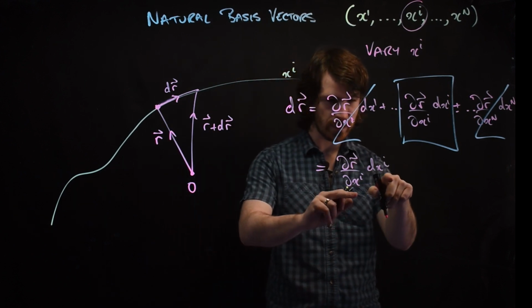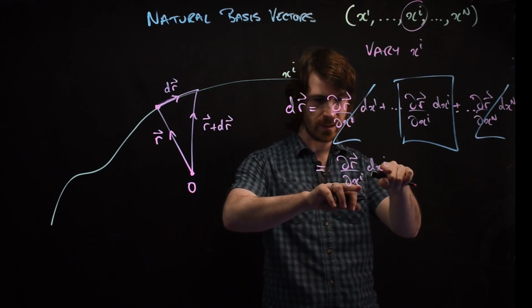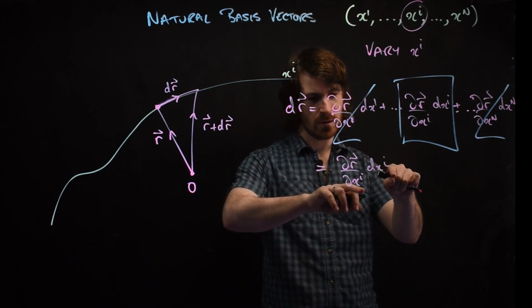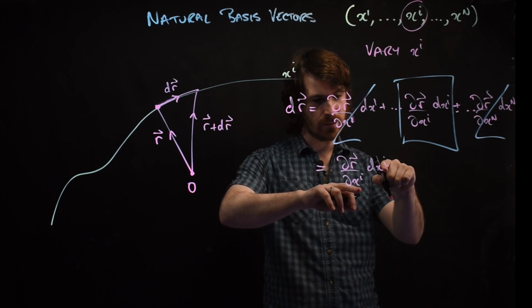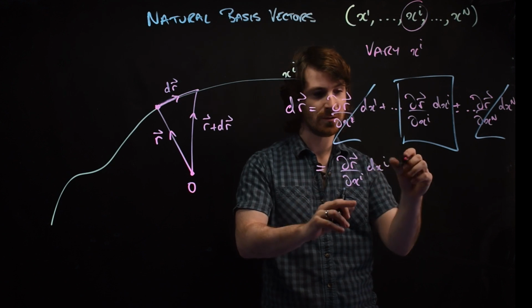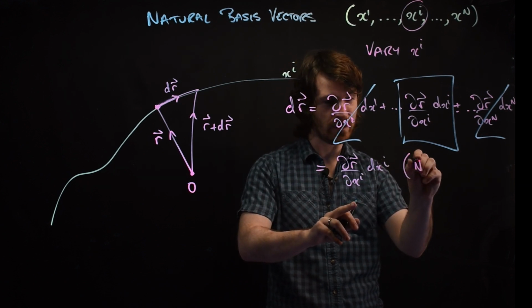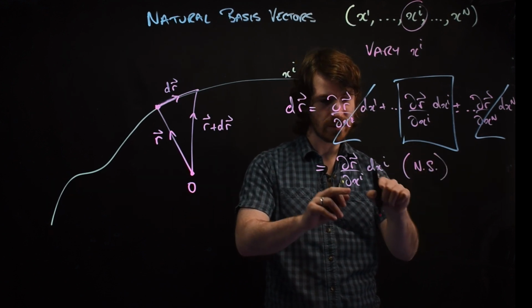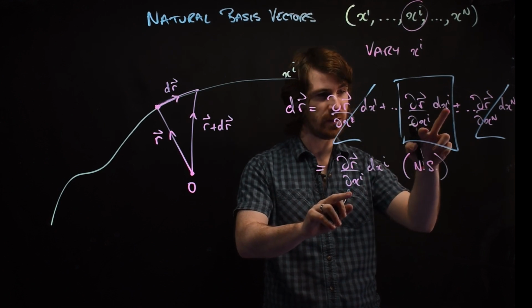At this point it's important because we now have a repeated index, and in this case it is not signifying a summation. So here we have to be careful, we have to write no summation. This is a single term only involving the ith coordinate.